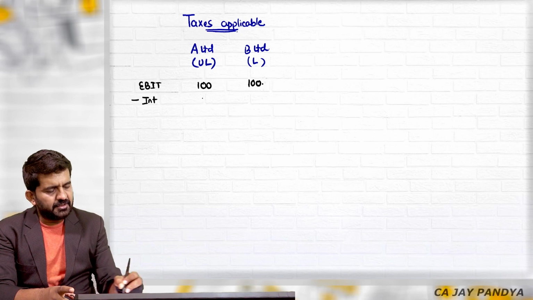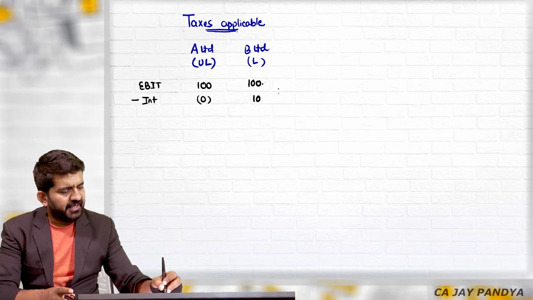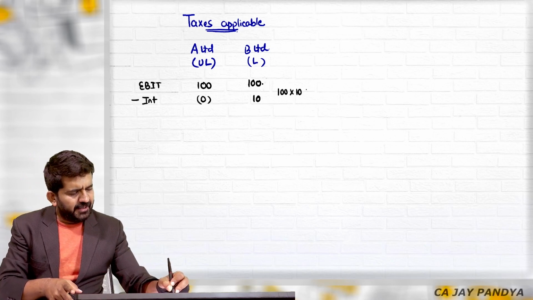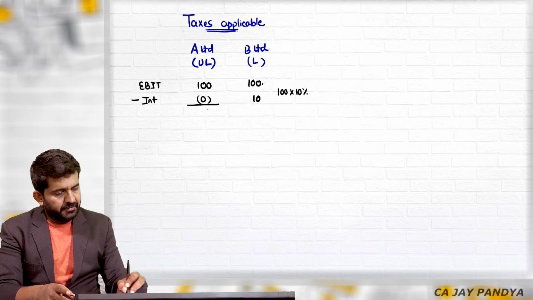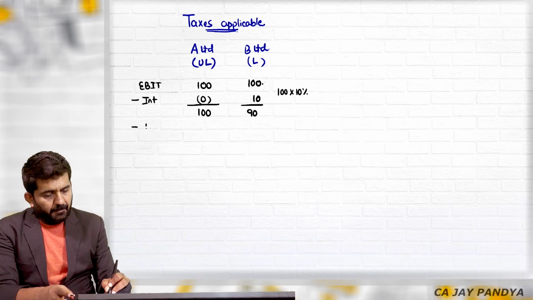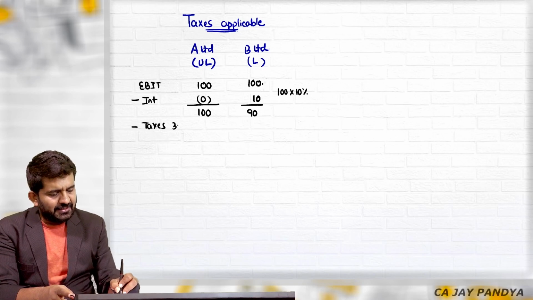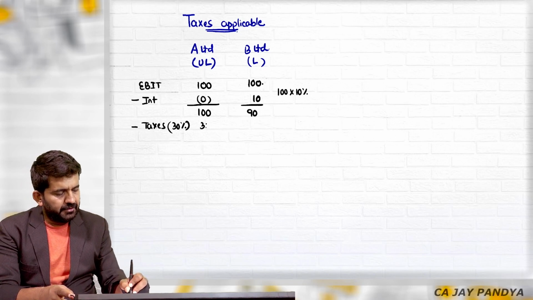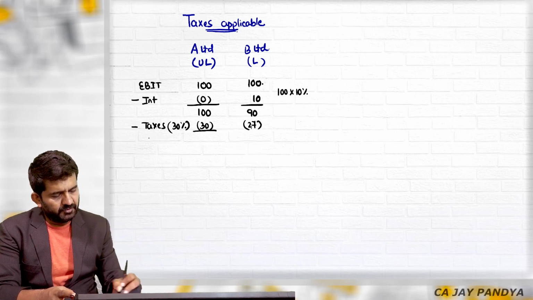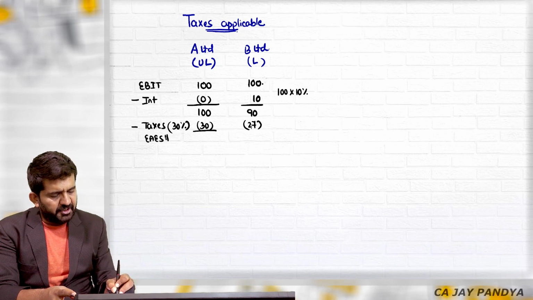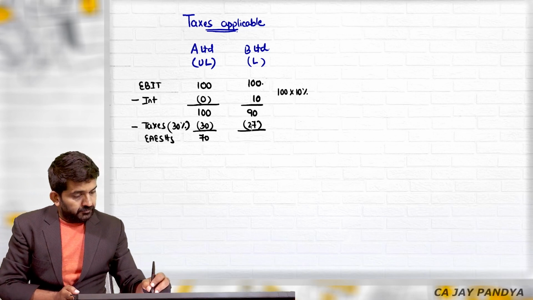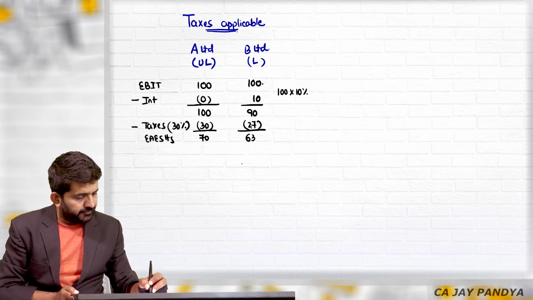Minus interest: unlevered 0, levered is paying 100 rupees multiplied by 10% interest rate. This is 100, this is 90. Minus taxes at 30%, so this is 30, this is 27. Earnings available to equity shareholders: this is 70, this is 60.